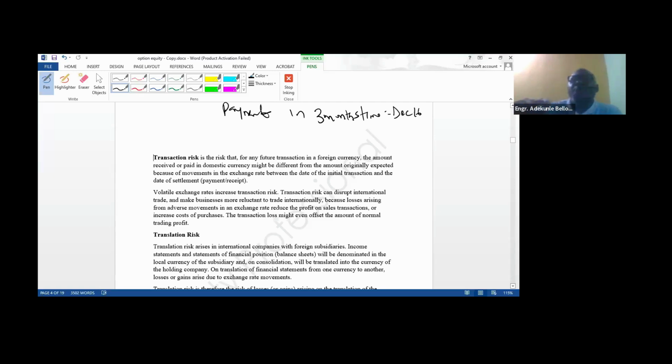In the process of converting the assets and liabilities of the foreign subsidiary denominated in local currency to the currency of the parent company, this can give rise to exchange loss or exchange gain.